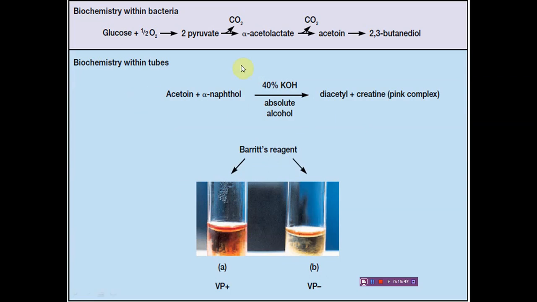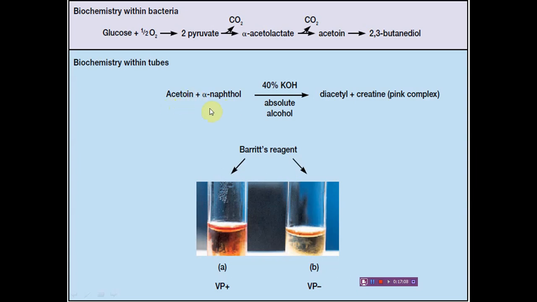Voges-Proskauer test confirms the presence of butanediol fermenters. The glucose is converted to butanediol, and during this conversion, acetoin, that is acetyl methyl carbinol, is produced as an intermediate.